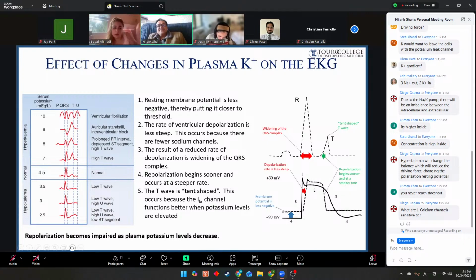I love that. And why is it tall? You're right. It is because the resting membrane potential is now also less negative. Yes, but why is the T wave tall?